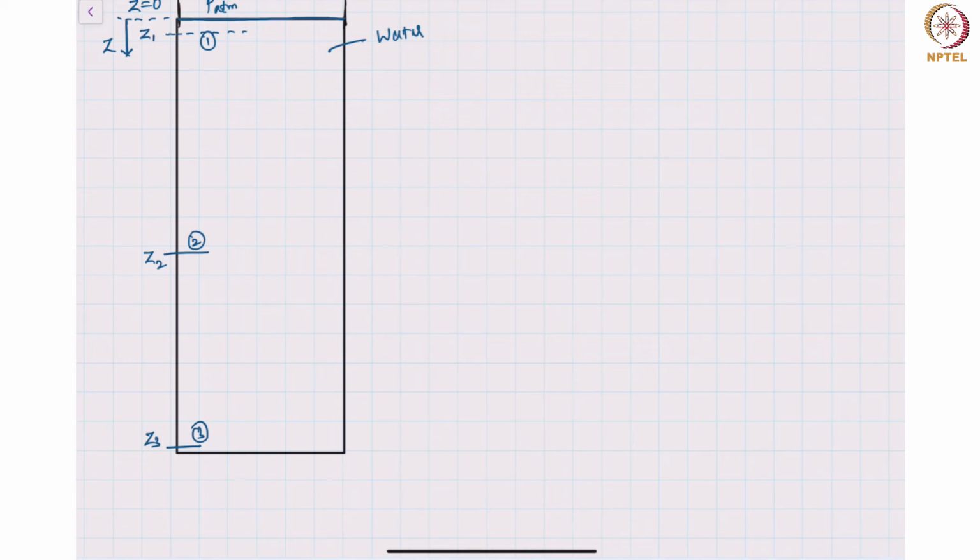Now let's look at the variation in the pressure inside the droplet, or a bubble, at these 3 locations. So I'm interested in asking what is the pressure inside a tiny bubble at these 3 locations. In each case we will take the bubble to be of radius r.